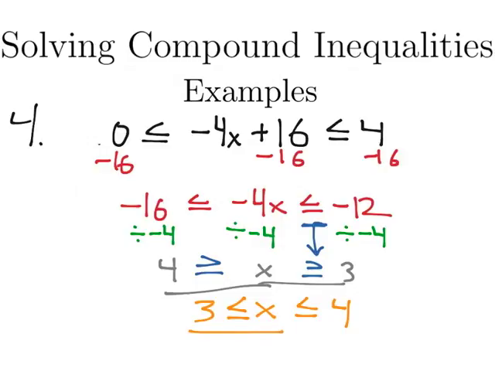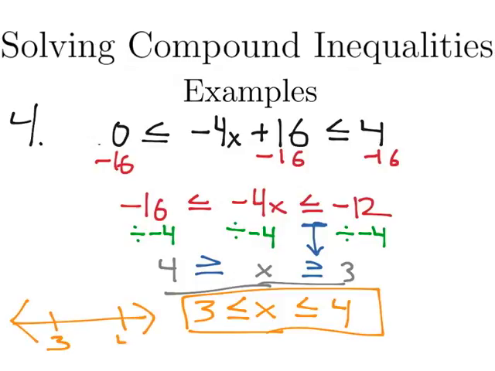Because 3 is less than or equal to x is the same thing as x is greater than or equal to 3. So here's our answer. We could also draw this on the number line if we just have 3 and 4. The solution includes 3 and 4, so they're closed circles, and also everything in between.